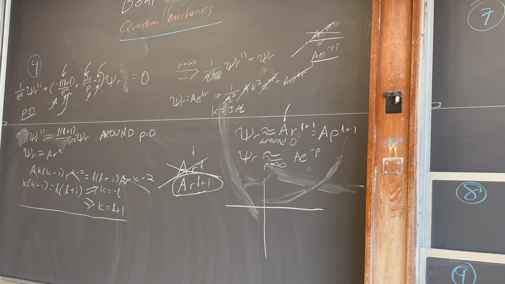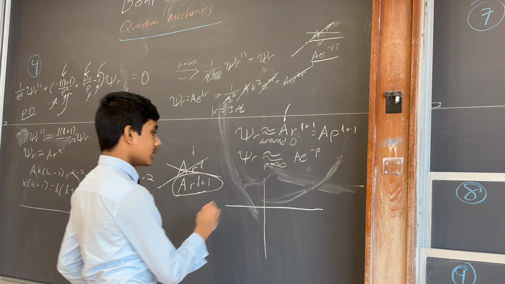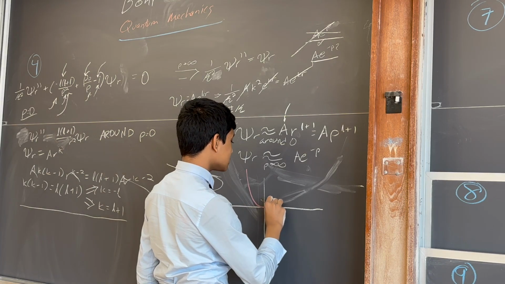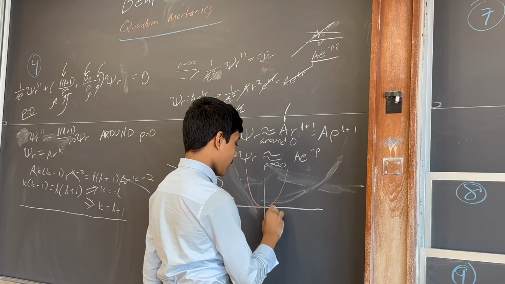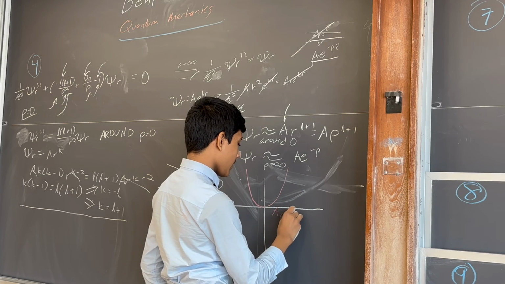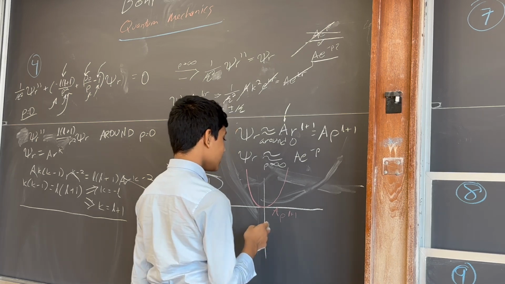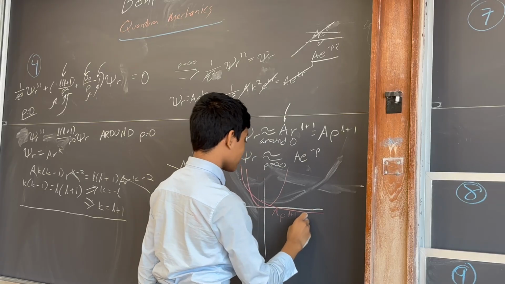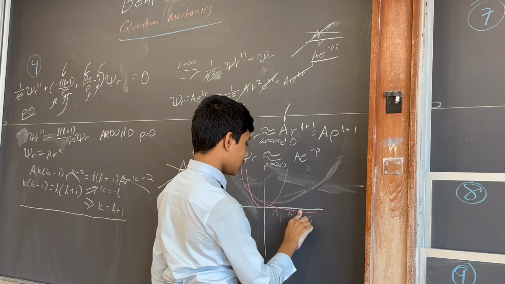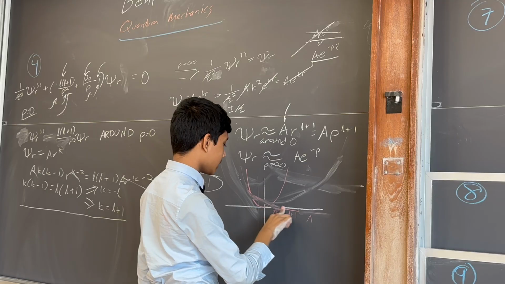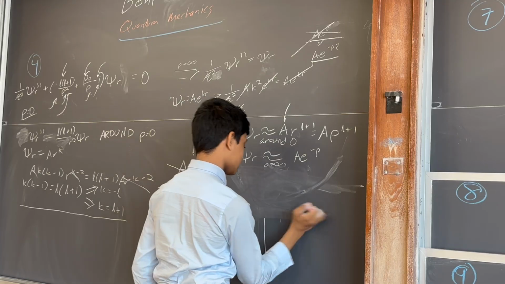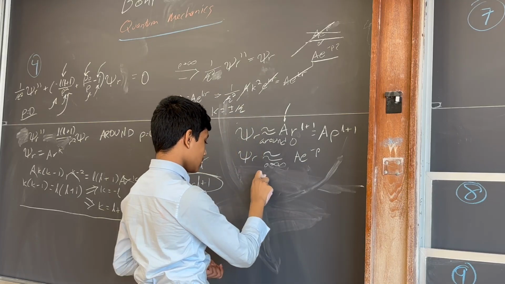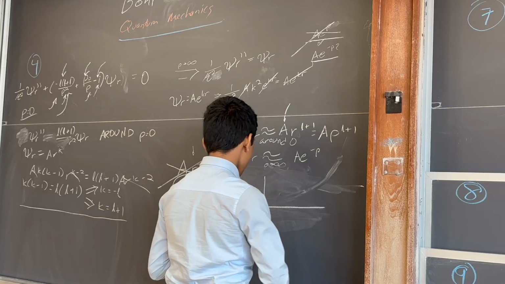Here's my red chalk. Sure, you might say that a plus 1 diverges. Sure, you might also say that A e to the minus rho diverges. No, not like that.